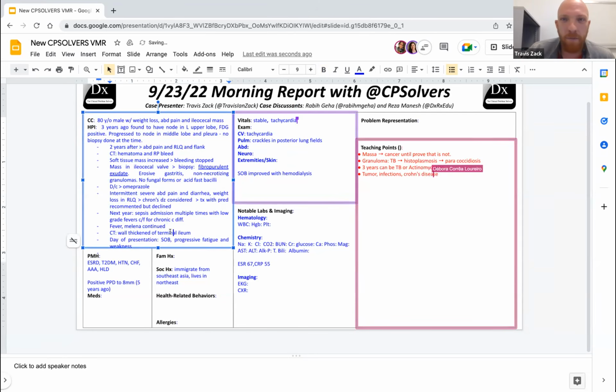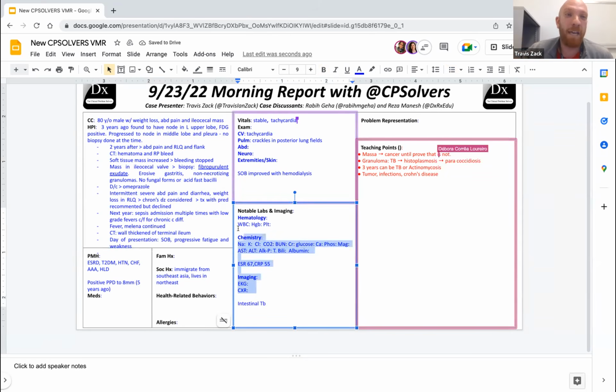And so the diagnosis was intestinal tuberculosis. And again, this kind of does fit with the FDG avidity, right? From a cancer perspective, there are not a lot of things that start in the lungs and move to the small intestine.